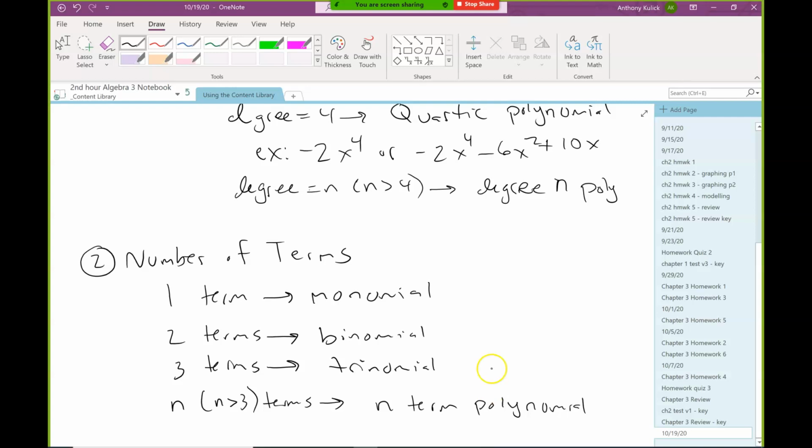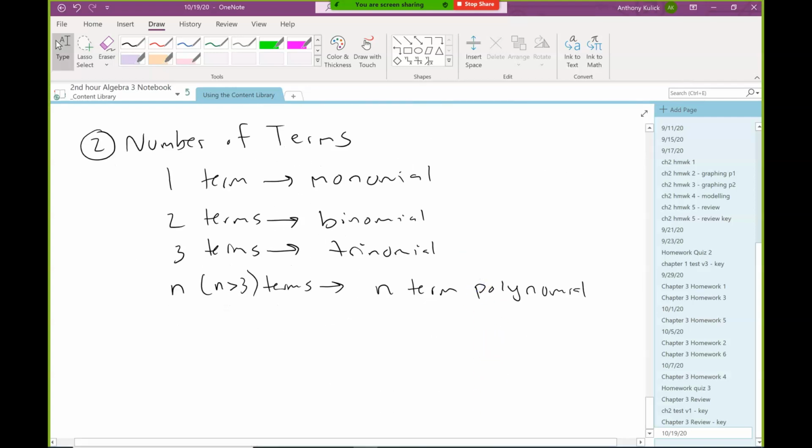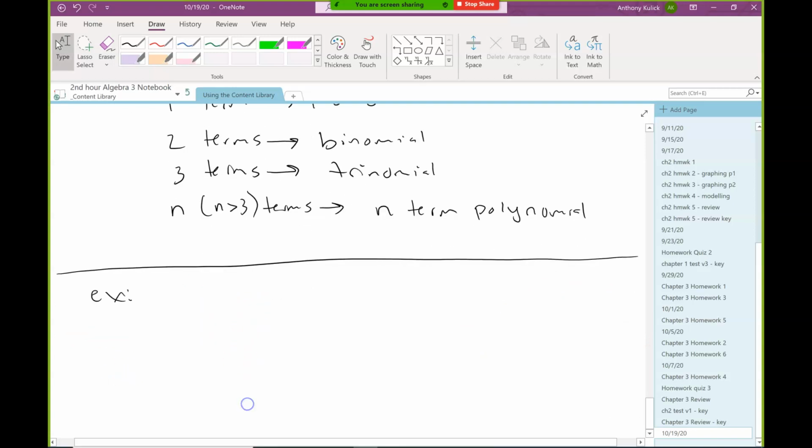Let's just do some examples where we classify some of these by their degree and number of terms. So let's say we have 3x to the third plus 10x.